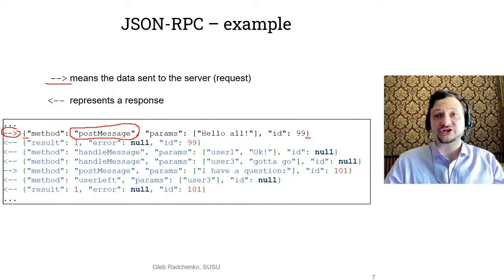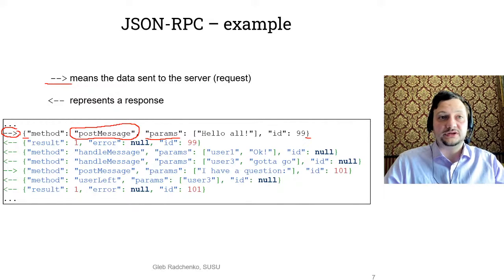So what message does our client want to post? The parameters of this method are sent in the params field. So we see here that this is an array with one element inside this array. And this one element is a string with the caption hello all.